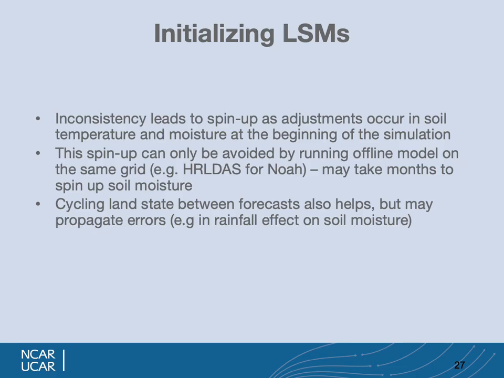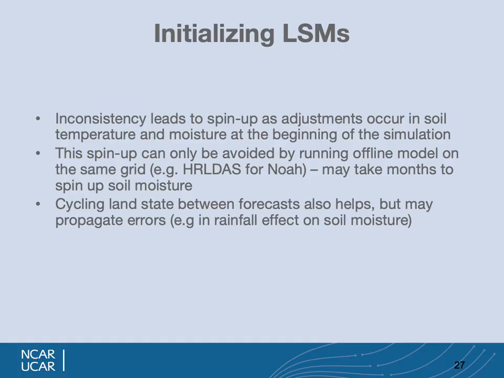But there is an inconsistency that leads to spin up as the adjustments occur in the soil temperature and moisture at the beginning of the simulation. The spin up can only be avoided if you run an offline model on the same grid for a long period, which may take months to spin up the soil moisture. We have offline models like HRLDAS for Noah, where you can run it driven by observations for a period before the period of interest.